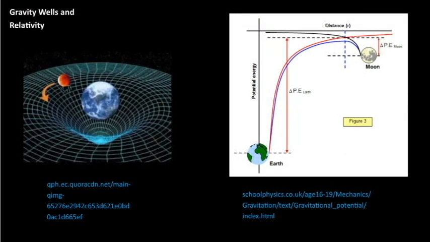As for the gravity well thing, here are two slides I picked, and here are the websites. Newton, although he defined gravity and understood it to a degree, still viewed it as a force. A planet was in orbit because centrifugal force was trying to kick it out, and gravity was the force pulling it in.